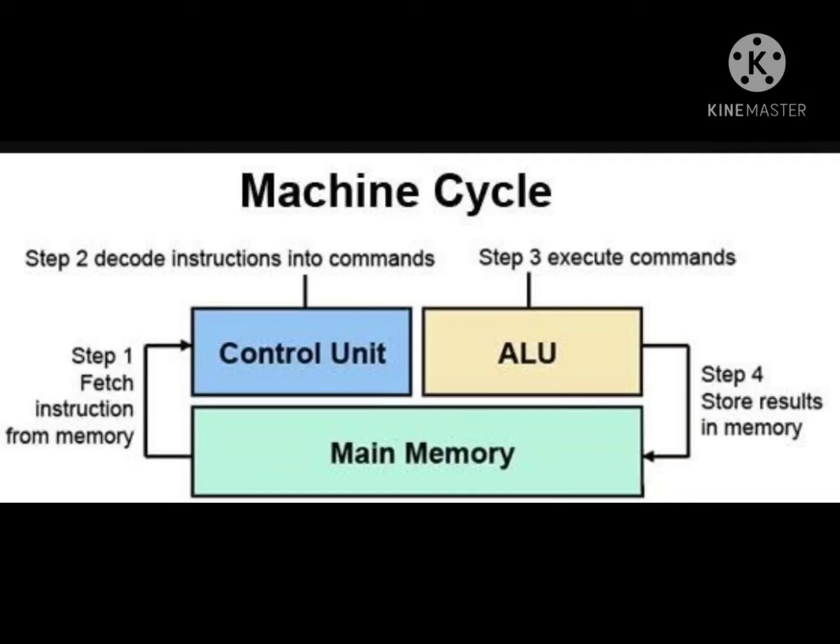So in this diagram we can see the control unit is fetching the instructions from the primary memory, and then it is decoding those instructions, and in the third step the same instructions are getting executed in the ALU part, and after performing those operations the ALU is storing the results in the memory.